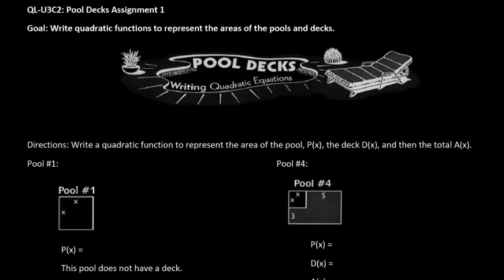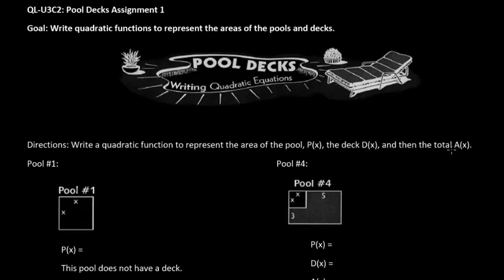So the idea here is that we are looking at the construction of a pool that may or may not have some kind of deck built alongside or around it. And we're going to be writing quadratic functions to represent the area of the pool, which we're going to call P of x, the area of the deck, which is a function that's going to be called D of x, and then the total area of the pool and deck combined, which we're going to call A of x, or area, or all together.